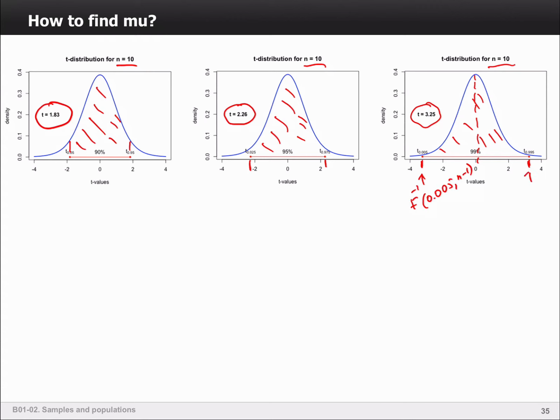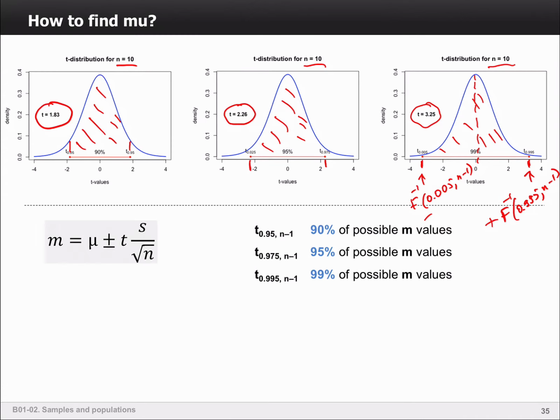And this t-value will be ICDF for 0.995 and n-1 degrees of freedom, right? And the difference between these two values is that this one is negative and this one is positive. Okay, so it's just a couple of things about how to find the t-values. You can also find the t-values in a table, it doesn't matter.